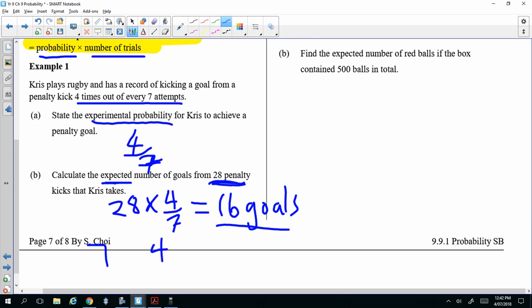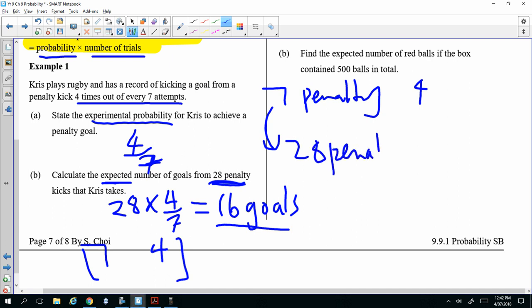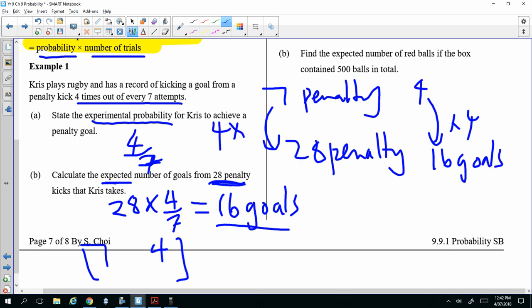So 28 means 4 lots of 4 goals, so you get 16. If you go 7 penalties, 4 goals, so 28 penalties, 16 goals. Does that make sense?